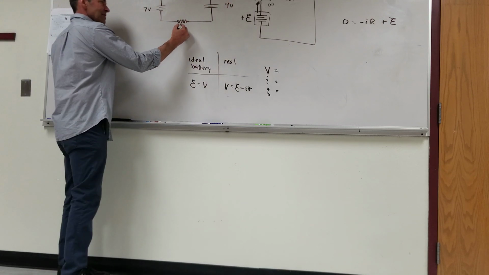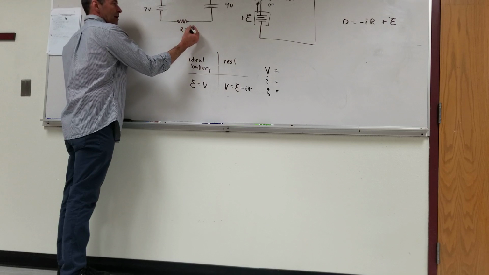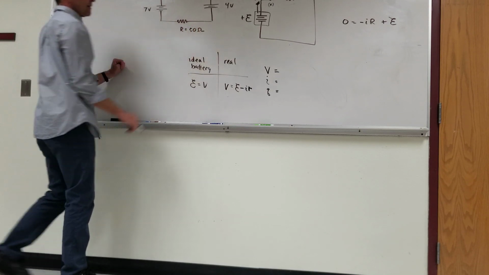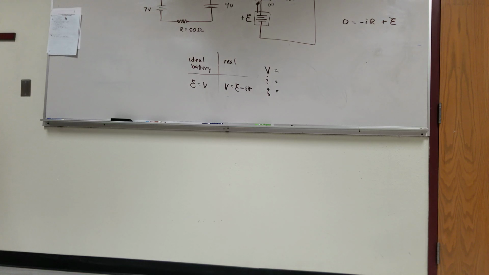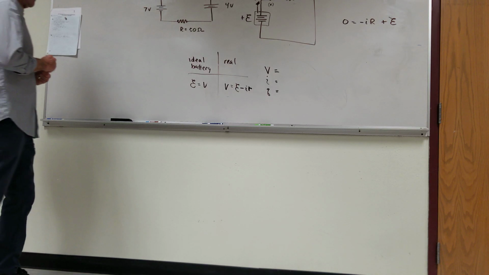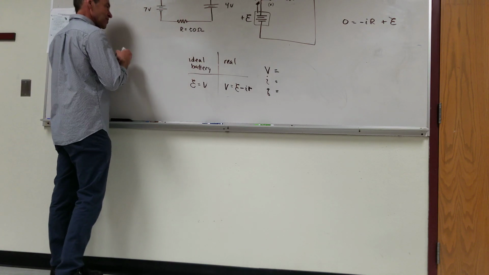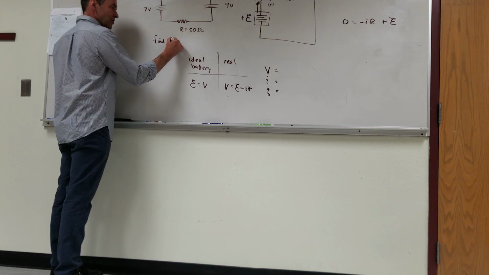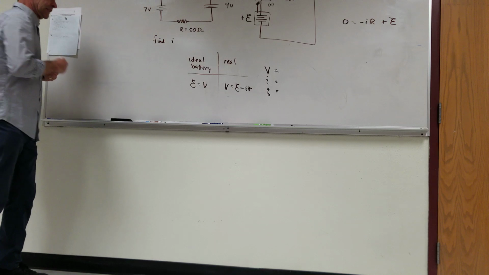Let's say this has a resistance of 50 ohms. Okay, and let's say here we're interested in finding out how much current flows through the 50 ohm resistor. So we're going to find I.